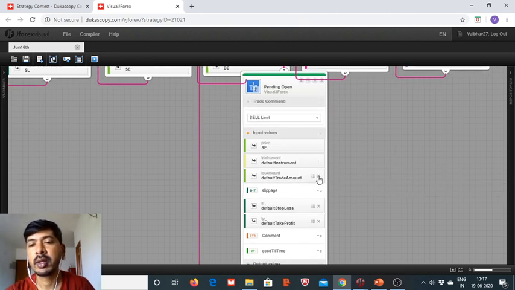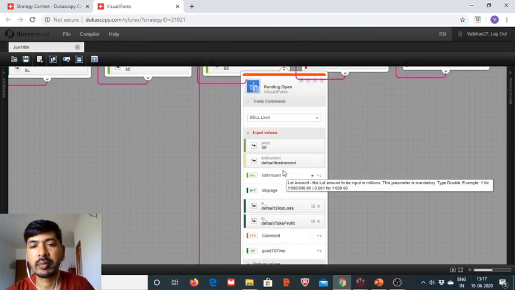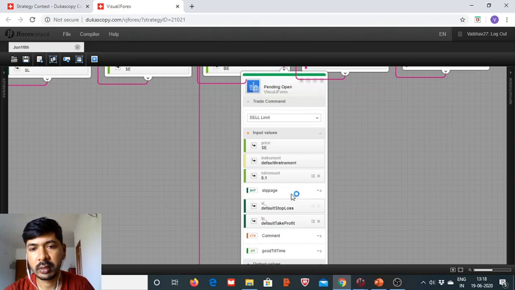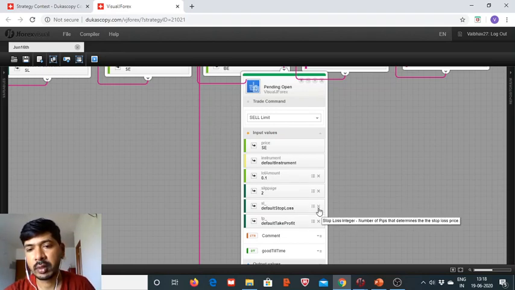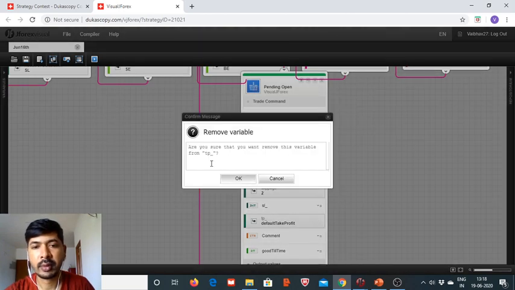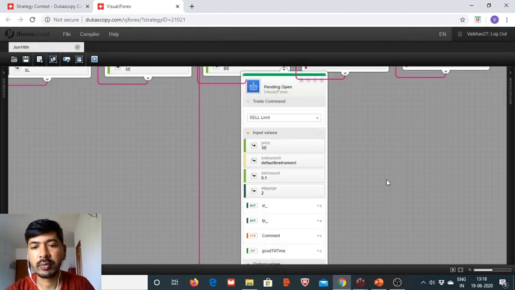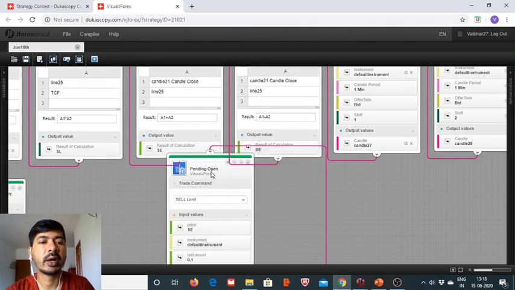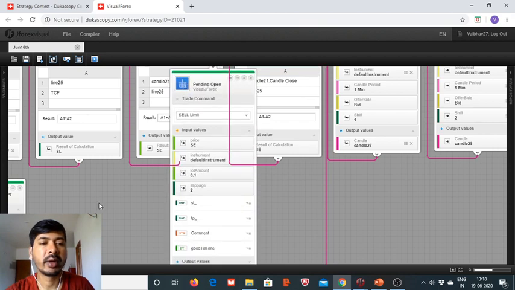Instrument remains the same. Position amount will be defined at 0.1 million. Okay, slippage 2 pips is good enough. And then we have to remove these stop loss and take profit, and we have to put in the variables which have been defined already.